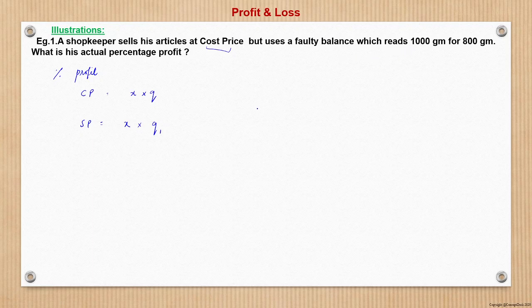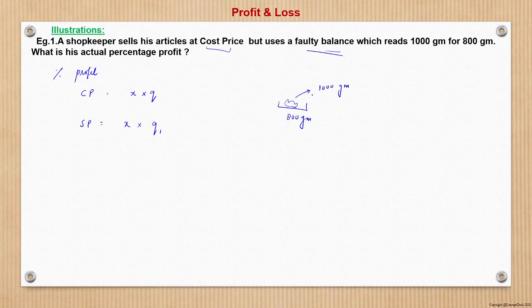So what happens now? He has a balance wherein if you put a weight of 800 gram, the actual weight of the item put over here is 800 gram. However, this will show as 1000 gram. Suppose I am a buyer, a customer to the shopkeeper.